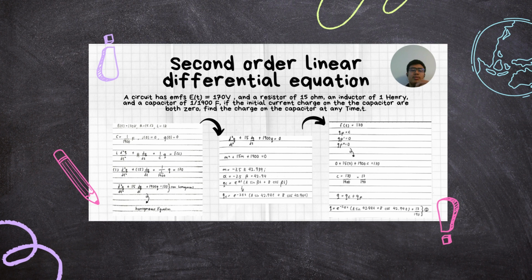L equal to 1 times d squared Q over dt squared plus R equal to 15 multiplied with dQ over dt plus 1 over C, which is 1900, times Q equal to 170 volt.